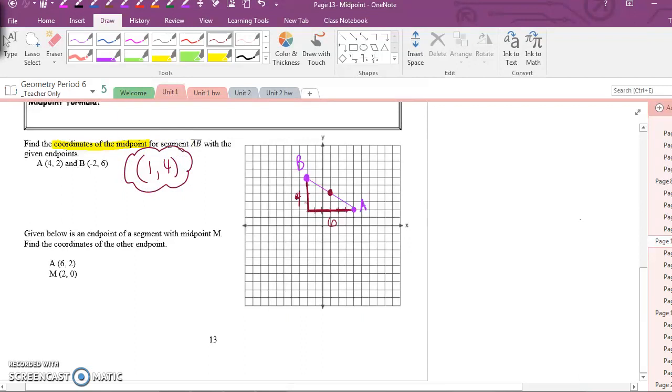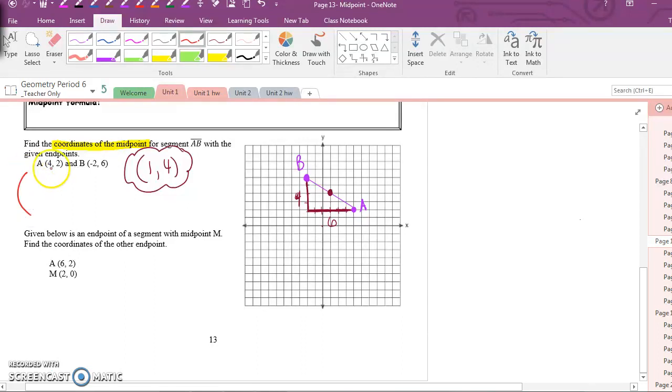Now, how did we go about finding that? Well, we took the distance from A to B horizontally and found half of that, and we took the distance from A to B vertically and found half of that. What's another word for what we're doing? We're finding the average of the 2 points. So let's take the average of the x's.